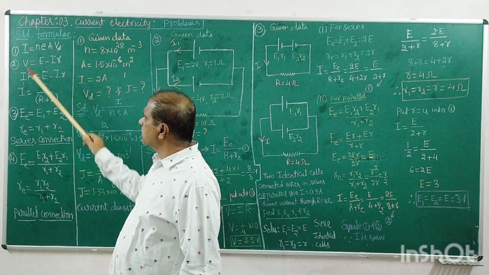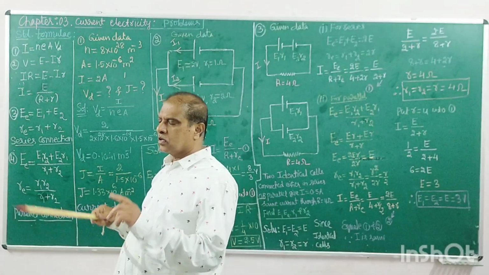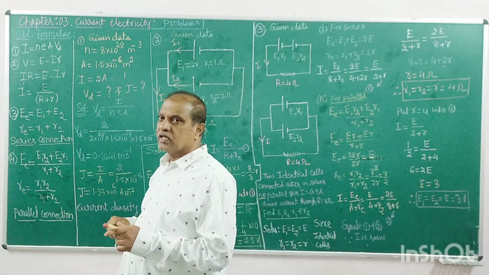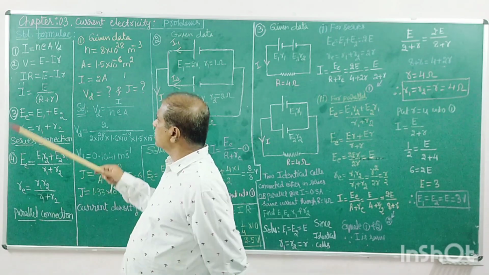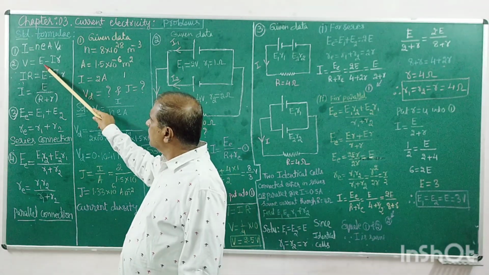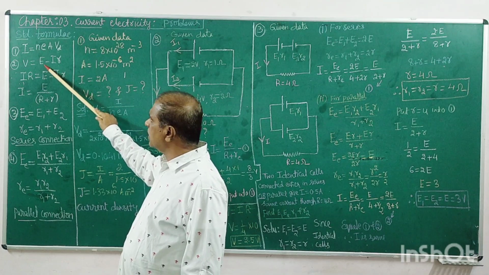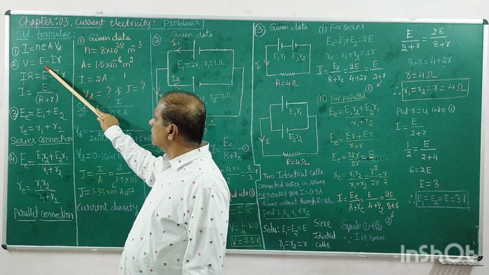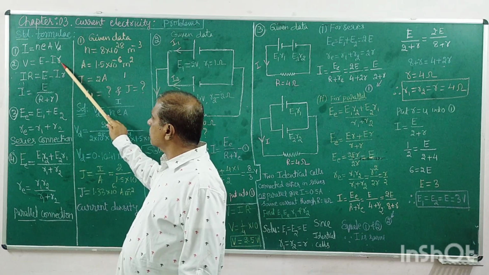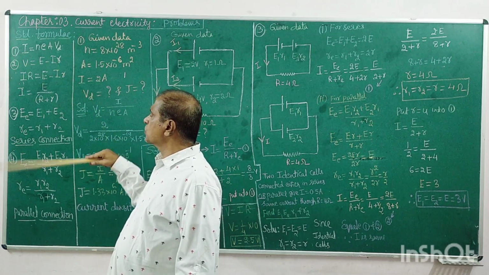This V stands for potential difference or potential across the external circuit, the external circuit having the cell whose EMF is E and the internal resistance is r. I stands for current in the circuit.